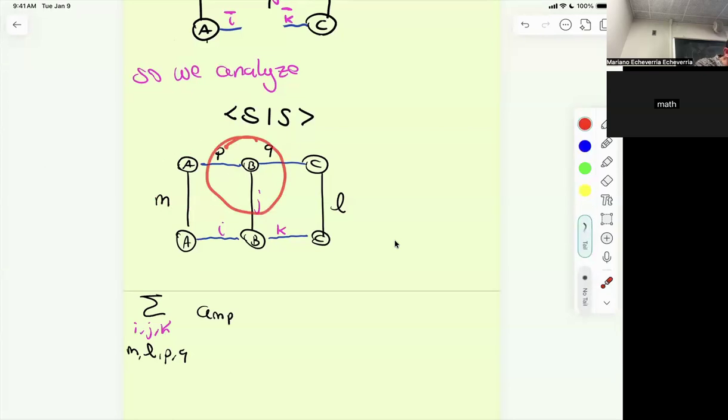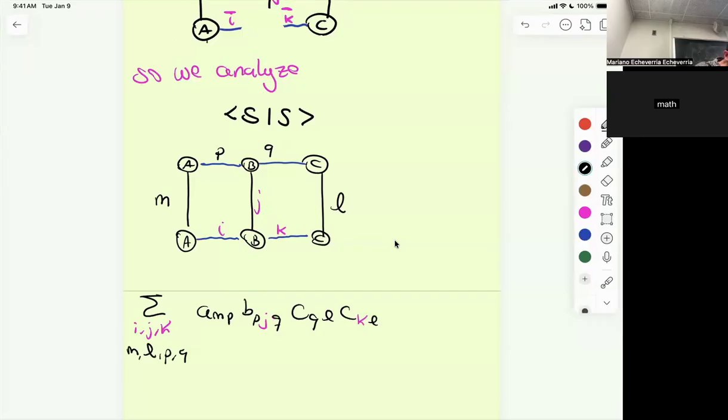That gives you B, P, J, Q. Then the next one, if I move this way, I go to C. So C, Q, L, and then I move to this other C, which would be C, K, L. Then I move to this one, so that would be with the B. So it would be B, I, J, K again. And then A, M, I.